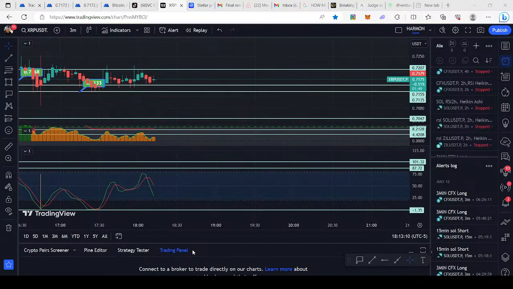I sent you a PM with a shortcut that I figured out on TradingView, just so you're aware. Did I forget that?